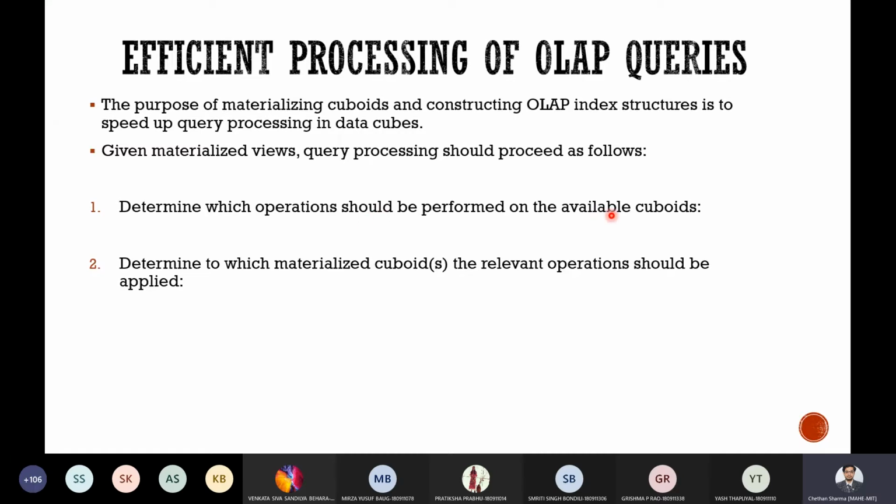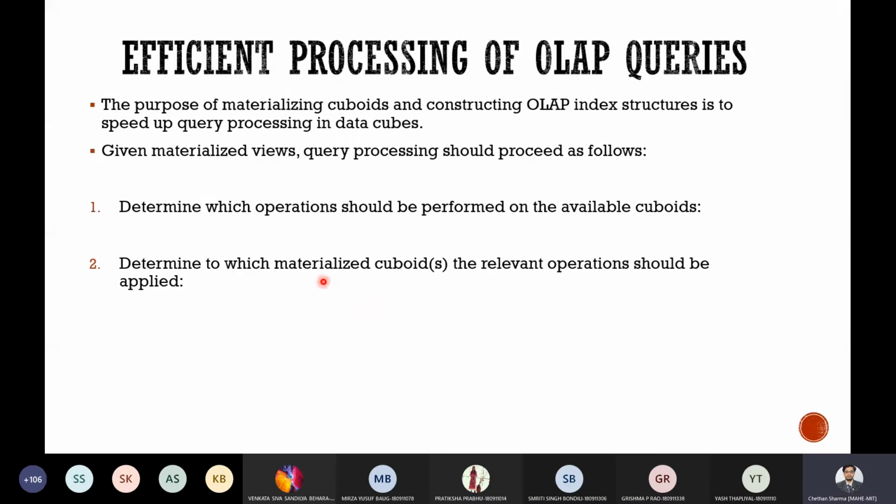This involves operations such as transforming, like selection, projection, roll up, drill down, etc. So basically you have to select which operation should be performed. The second thing is to determine to which materialized cuboids the relevant operations which you have selected should be applied.